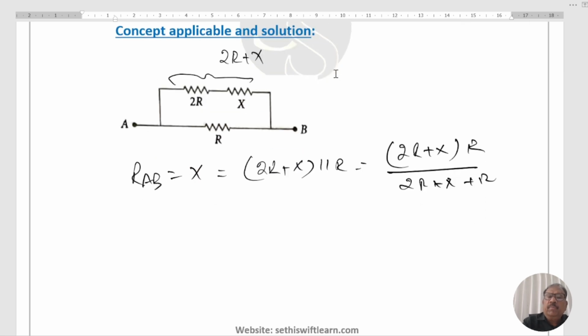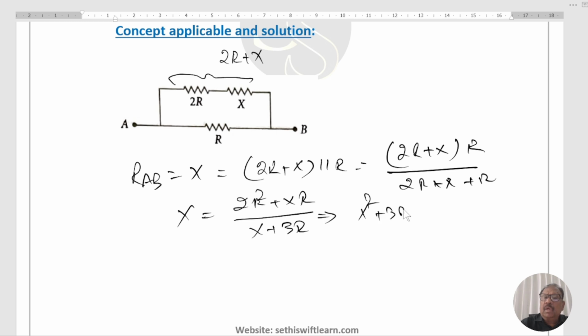On further simplification, X comes out to be (2R square plus XR) divided by (X plus 3R). On simplification, we get X square plus 3RX equal to 2R square plus XR.